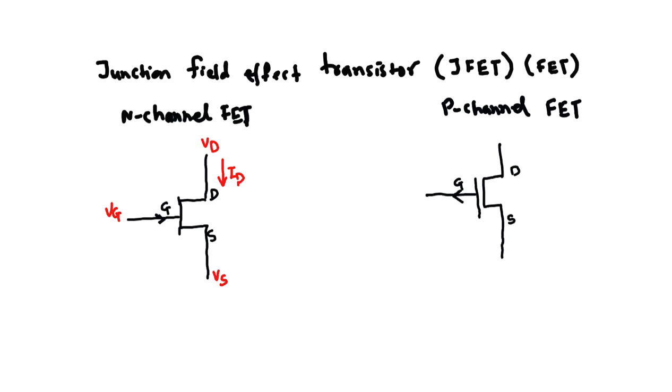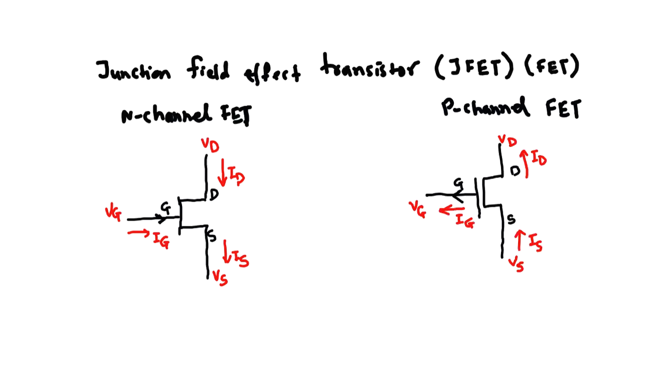Current through the source terminal is called IS, and current through the gate is called IG, gate current. Similarly, here the voltages are VD, VS, and VG. The direction of the gate current is like this. The current flowing through the drain terminal is like this, and this is the current through the source.